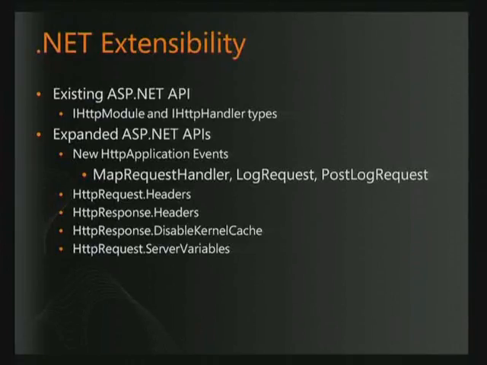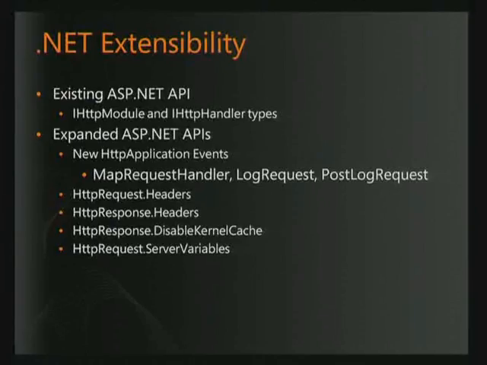The other thing is, we extended some of the events that the pipeline has. Now there are new events such as the log request. This is a pretty cool event that IIS fires when there's the need to log the request, just to notify that the request was completed, along with the status and everything. And this is exactly what we're going to show. We also extended the headers, the incoming headers.